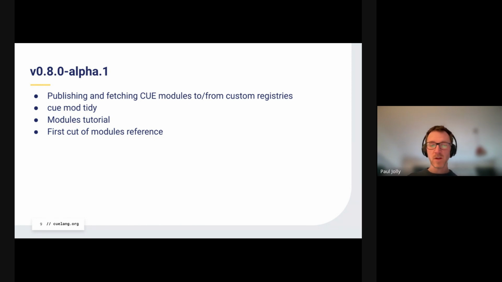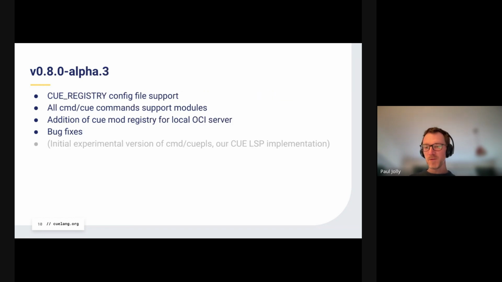And a first cut of the modules reference as well. We had, rather interestingly, a config-related error that caused us to have an abortive Alpha 2 release. Slightly ironic that the Q project should have a config-related error when cutting a release, but there we did. And so Alpha 3 was then the second version that we released since the last call.